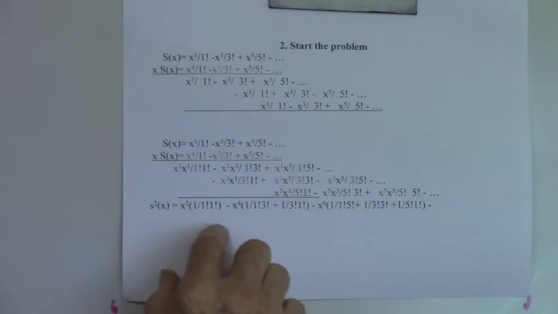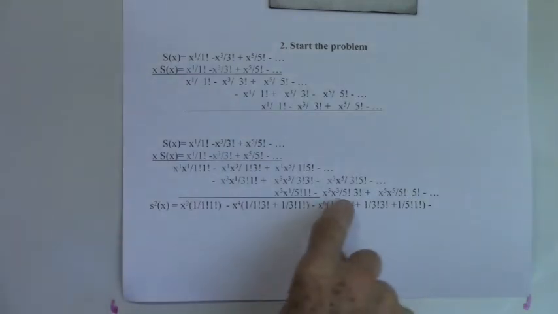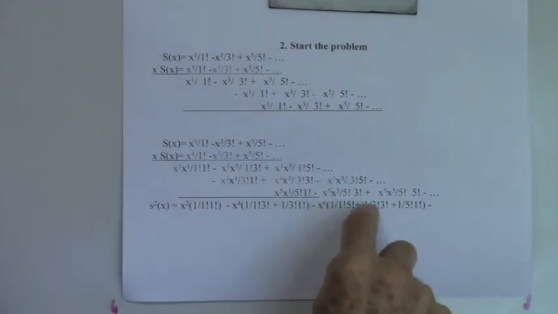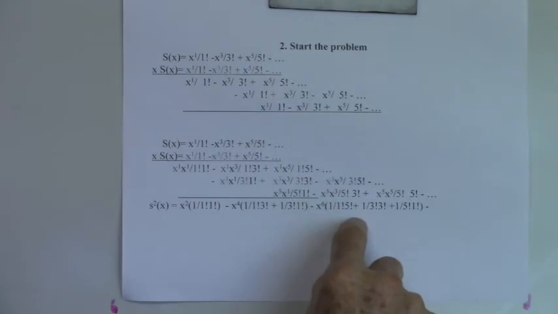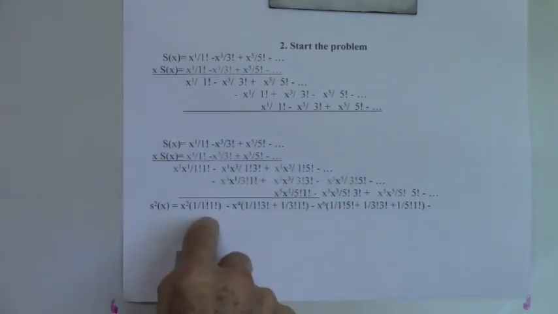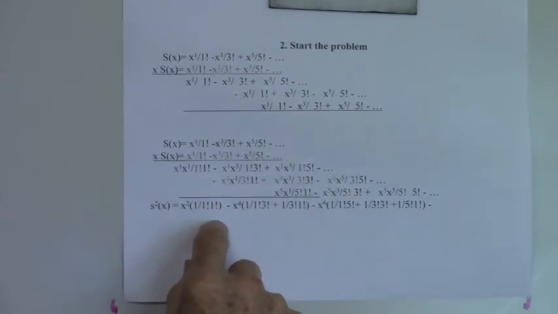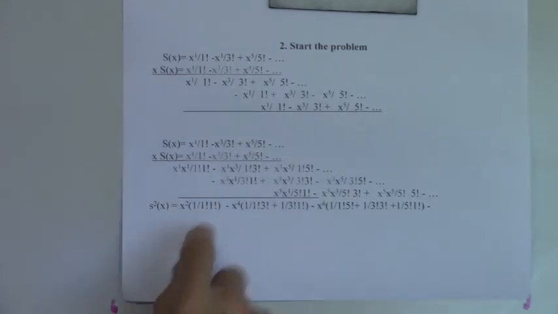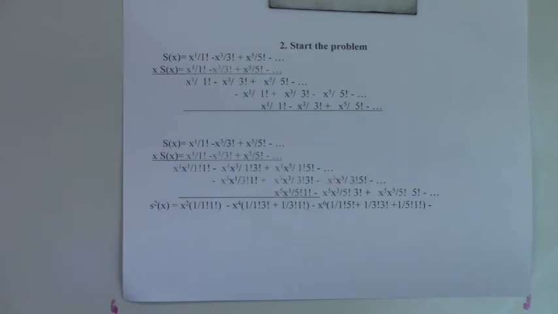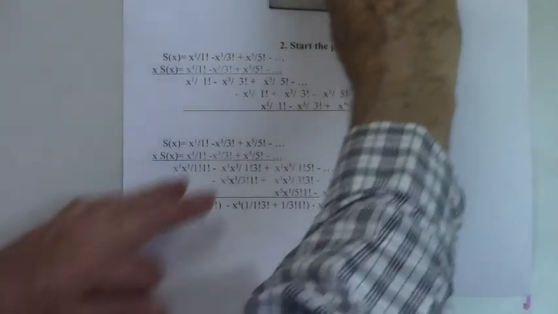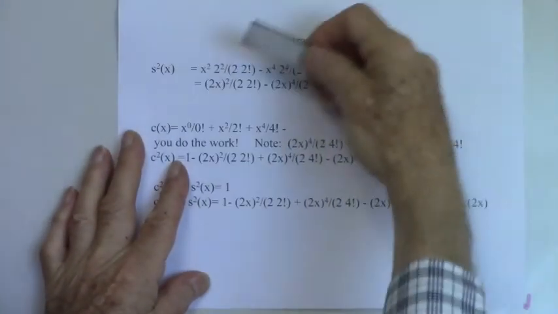Using the same approach, we would find 5 plus 1 is 6, 2 to the 6th power divided by 2 times 6 factorial. And the same thing with this. 1 plus 1 is 2, 2 to the 2nd power divided by 2 times 2 factorial. So now let's change the slide and put up the new slide reflecting that change.